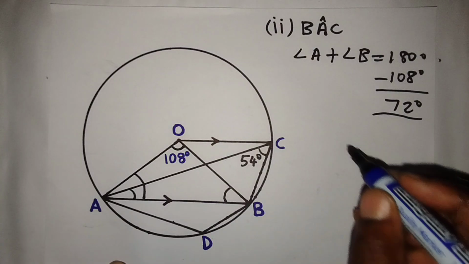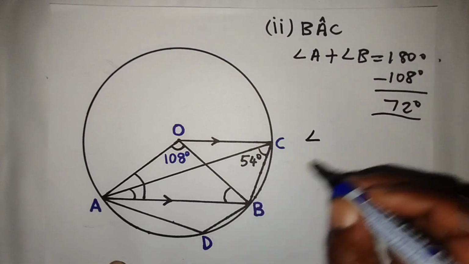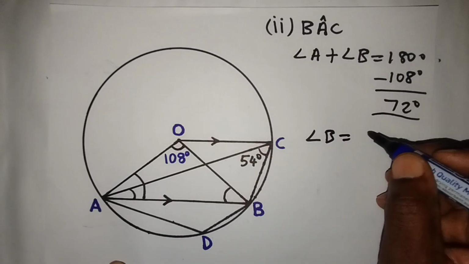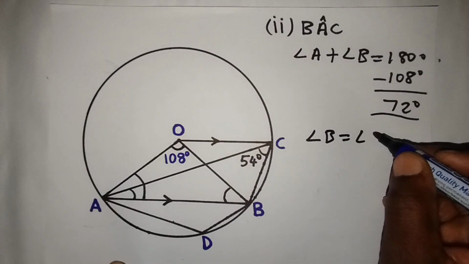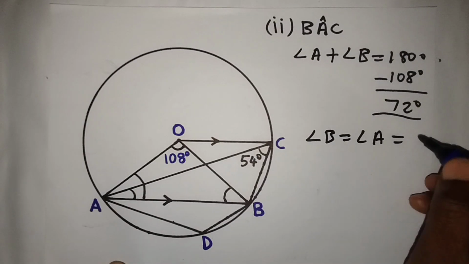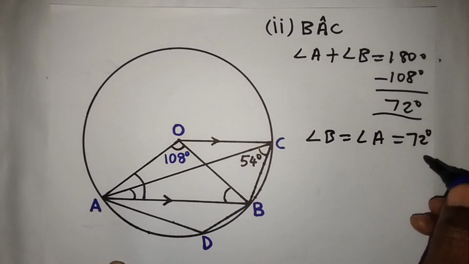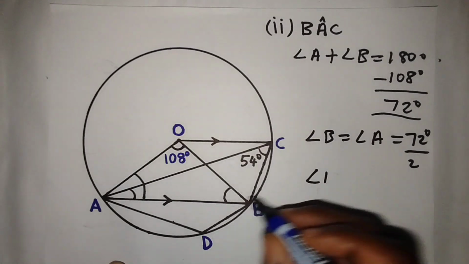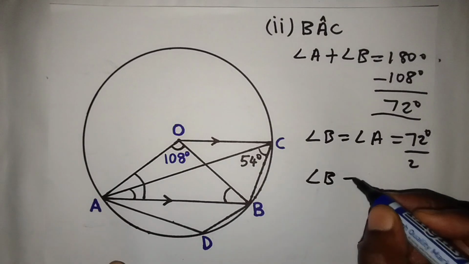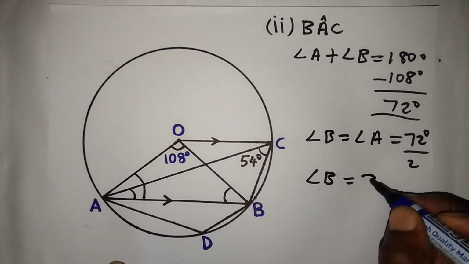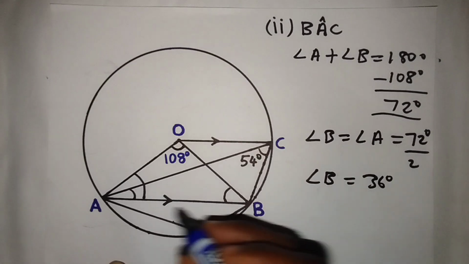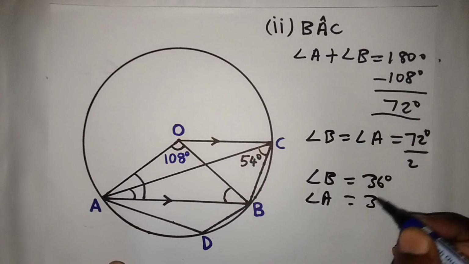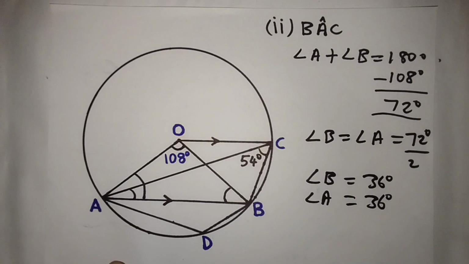Hence, the size of the angle at B there equals the angle at A, which is equal to 72 degrees divided by 2, which will give us the angle at B there is equal to 36 degrees, as well as that angle at A also equals 36 degrees.